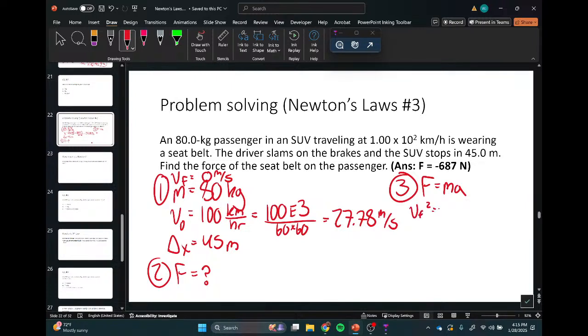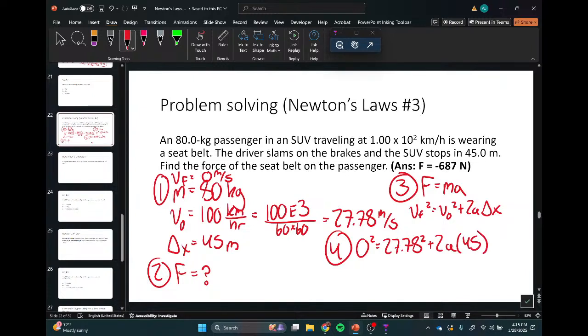So you're going to use Vf squared equals V naught squared plus 2a delta x. That's an option. You could find the time and then use a different equation. All of it works, but this is the one that immediately works. You just plug in the numbers. So 0 squared equals 27.78 squared plus 2 times the acceleration, because we need acceleration to find the force, times 45. You move things around. 27.78 squared is going to be 771.